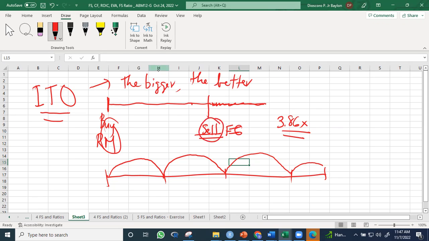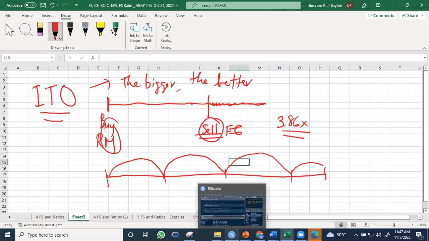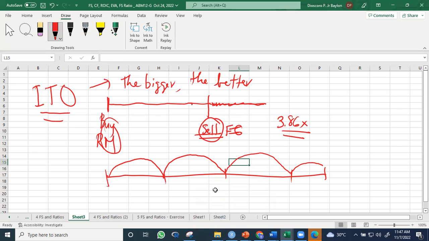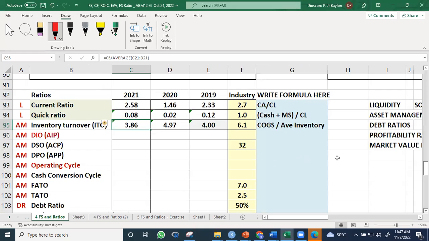Kasama yung selling. Convert to finished goods, sell. Buy raw materials, convert to finished goods, sell. So the bigger the inventory turnover, the better for the company. Bakit better? Kasi mas maraming beses silang nakakapag-process ng paggawa ng goods, okay, and then pagbenta.